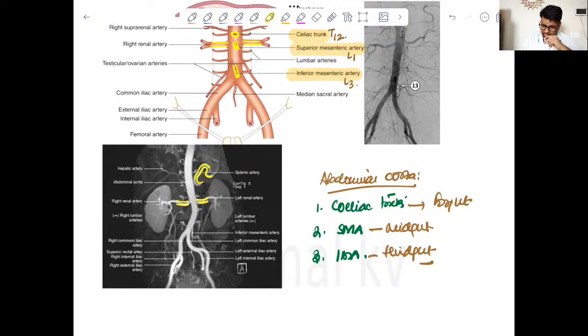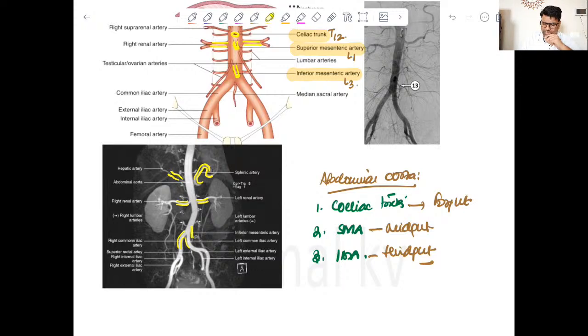Then the hepatic artery which divides further, then this is the common iliac which divides further into the external and the internal iliac artery, right? And somewhere here is the origin of the inferior mesenteric artery, something like this.